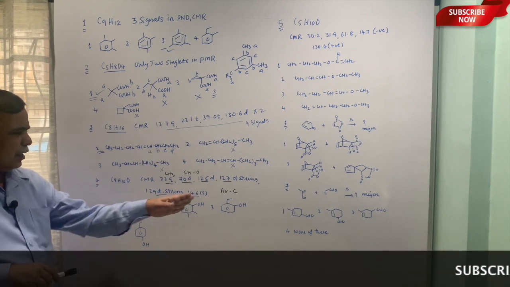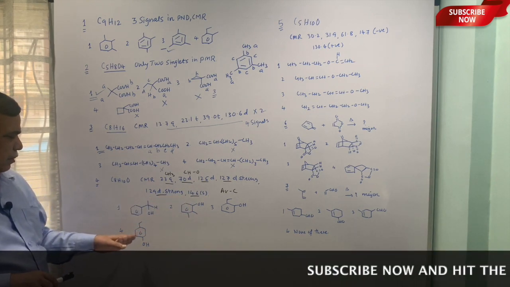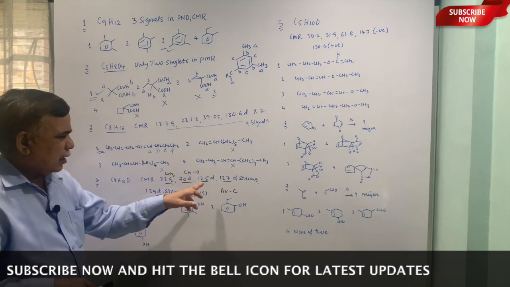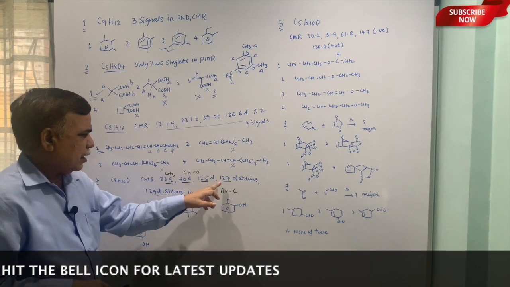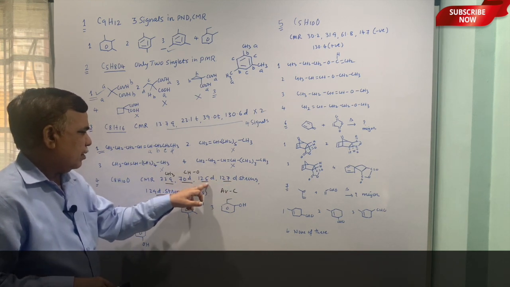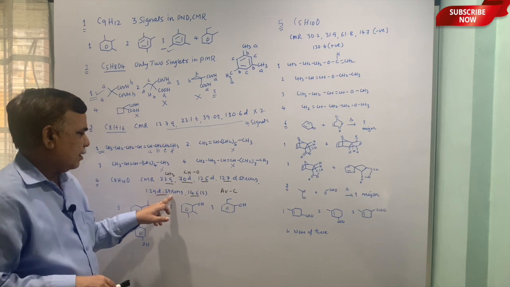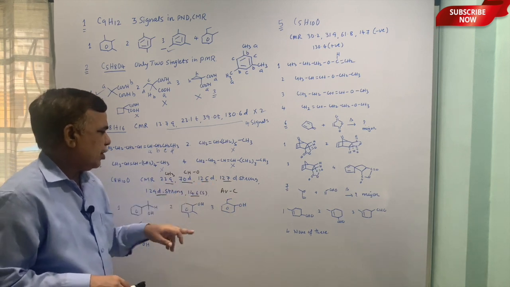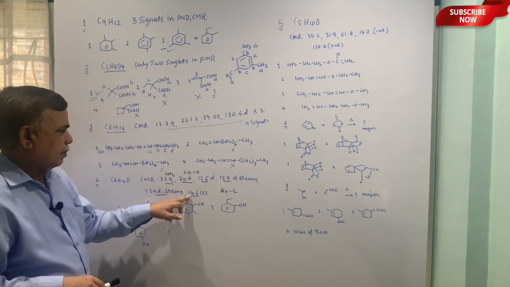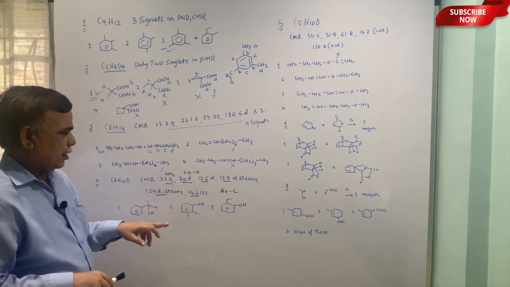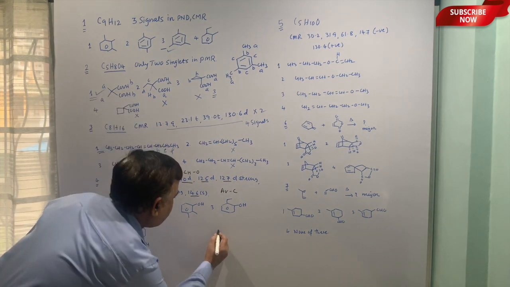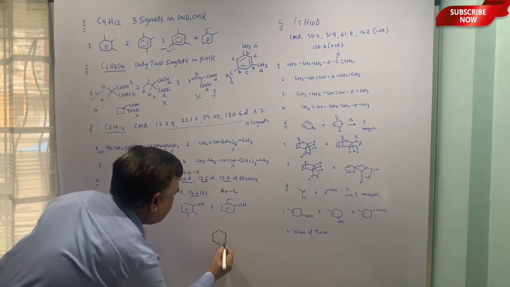And one more thing you can derive from this is 2 to 4, 5. So it is mono-substituted ring, because you can see 5 CH and this is quaternary carbon in the aromatic region. So mono-substituted means we can think of this kind of pattern.